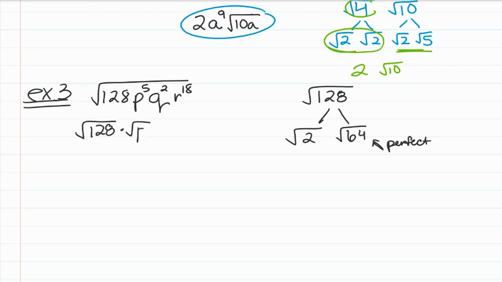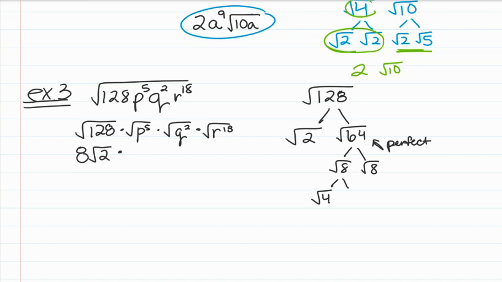now I've been writing these horizontally, now I'm going vertical, just in case you're a little more comfortable with that. That way you can see some different methods. So 128 would break down into 8 times the square root of 2, if you completed the factor tree like I did over there. Now let's say that you didn't remember that 64 is perfect. You can just keep working it down. 64 is 8 times 8.